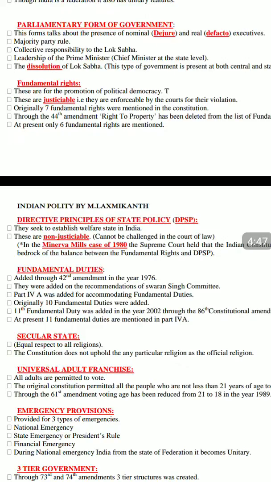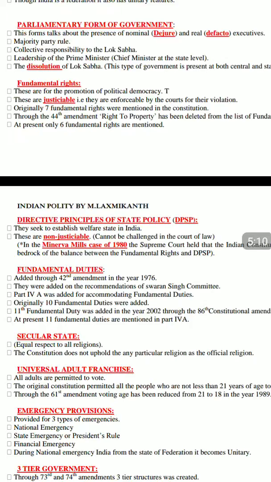This concept was adopted from the USSR, that is the previous Russian government. It was added through the 42nd Amendment in the year 1976, on the recommendation of the Swaran Singh Committee. Part 4A was added for accommodating fundamental duties.